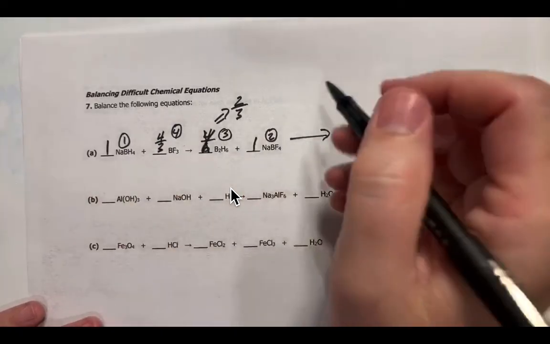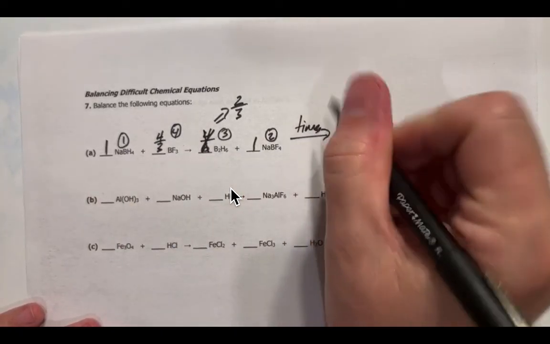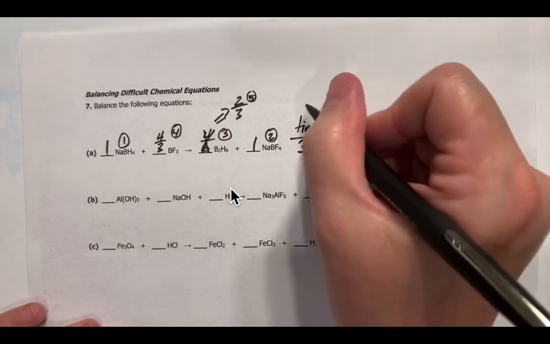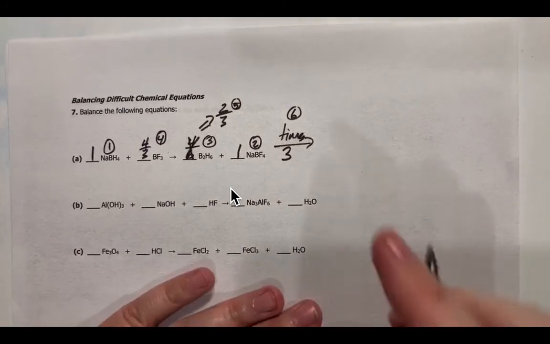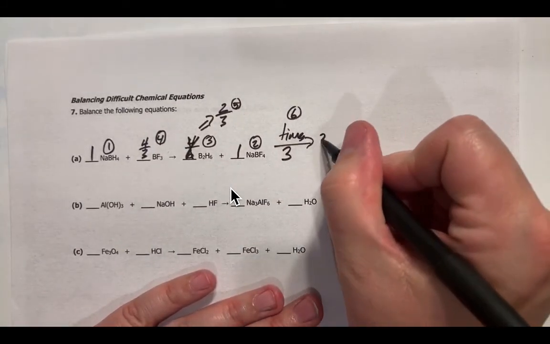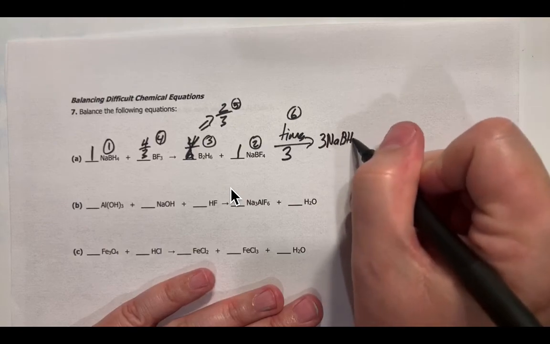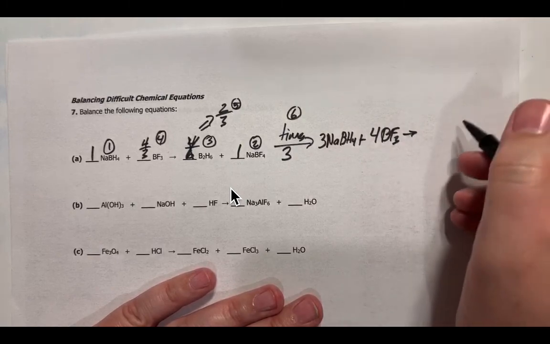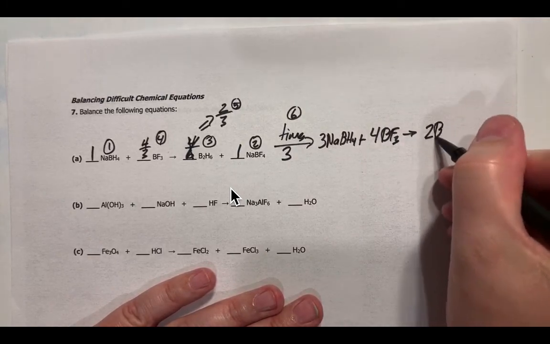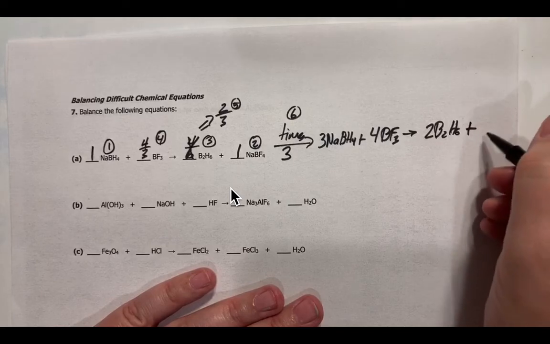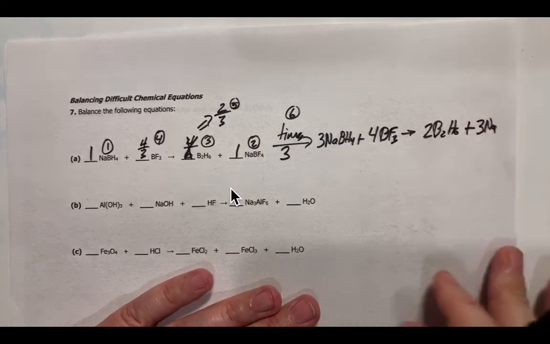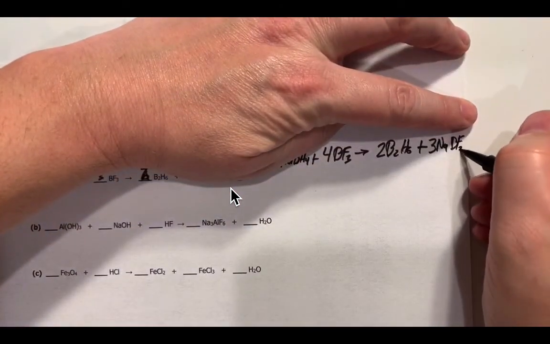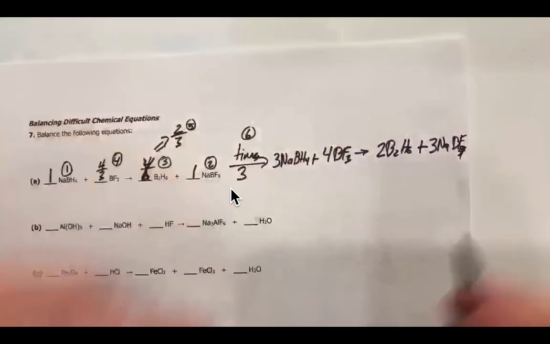And now I can just multiply everything times 3, and I'll call this my 6th step, to try to clear all of that out. So 3 NaBH4 plus 4 BF3 goes to 2 B2H6 plus 3 NaF.